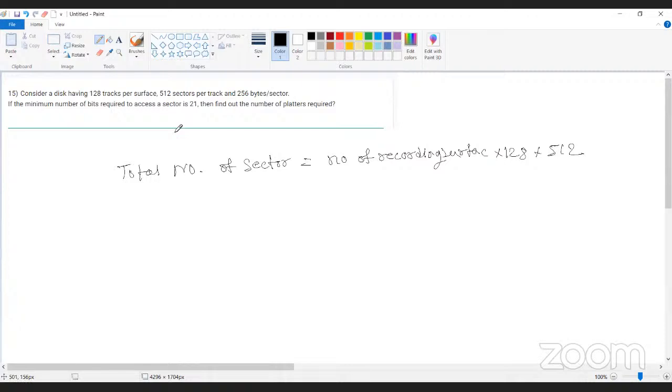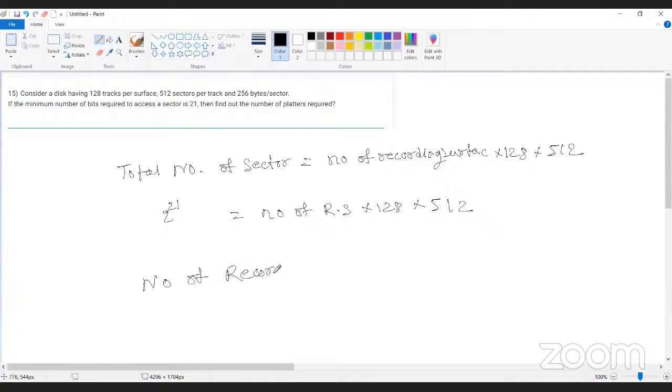So you know that the total number of sectors will be 2 to the power 21, equal to number of recording surfaces into 128 into 512. So the number of recording surfaces will be, if we solve.